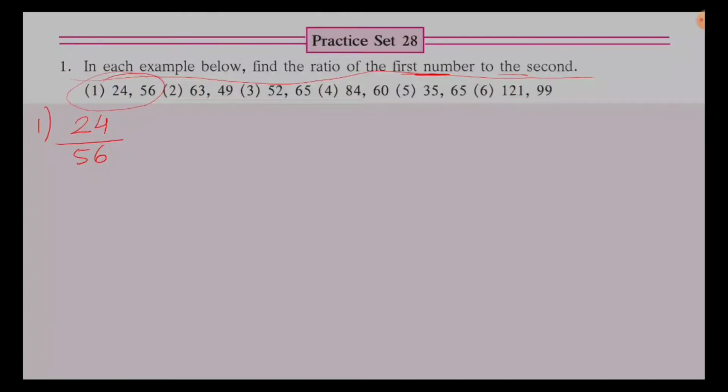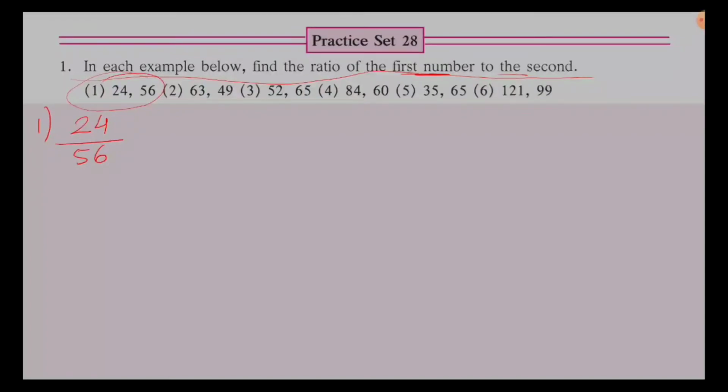Now what you have to do is divide it. You have to see that 24 and 56 come in which table. How do you do this? You have to do this by finding their common multiple, that is LCM. We have to find the LCM of both the numbers and divide.